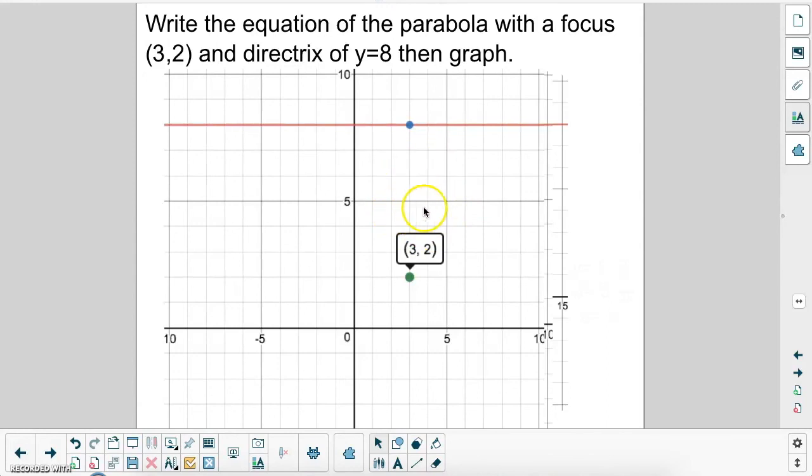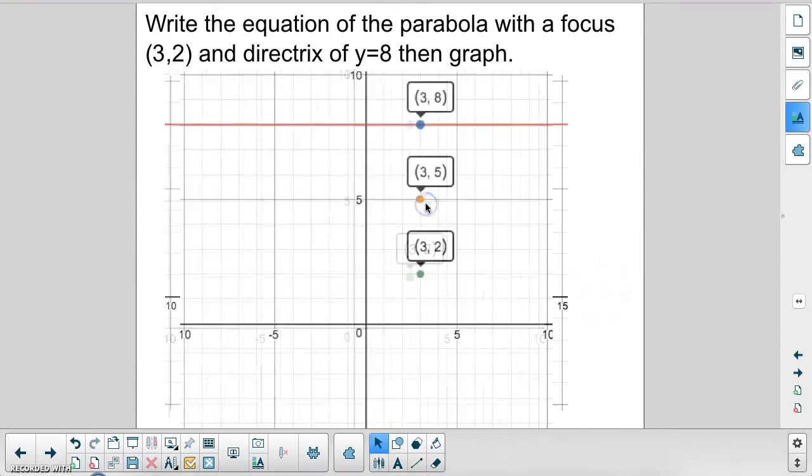So I'm going to find the midpoint of that and get that my vertex should be (3, 5). Now this actually tells me a lot about this parabola. I know the vertex is here. I know my focus has to be inside the parabola. So I know my parabola is going to open downward.